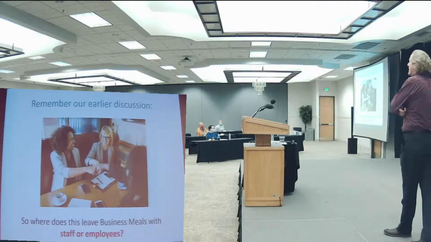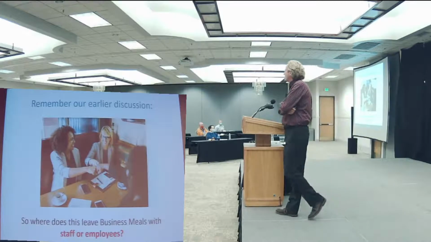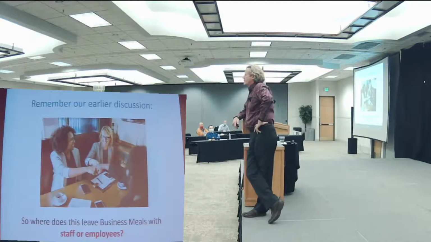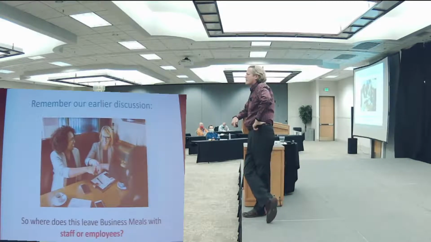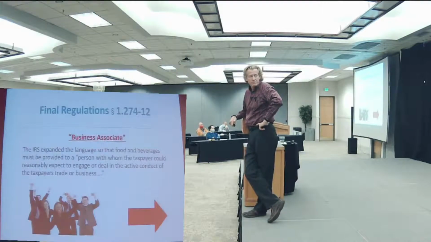So let's come back to that earlier thing about business meals with staff or employees. His annual performance review, the partners having that really serious meeting. 2018-76 said customers, clients, consultants, act alike. It really didn't help us out with staff or employees.